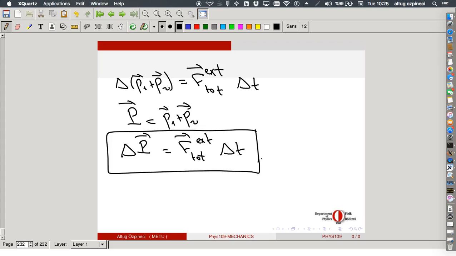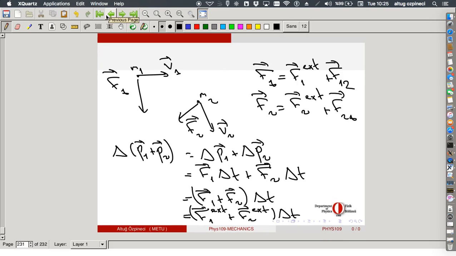Now the internal forces just cancel each other because all the forces should follow Newton's third law. If all the forces follow Newton's third law, the internal forces should be action-reaction pairs. For these external forces, there are of course also other action-reaction pairs. In this example, the Earth is pulling on my pen with its weight, but my pen is also exerting a force on Earth whose magnitude is equal to the weight of my pen.